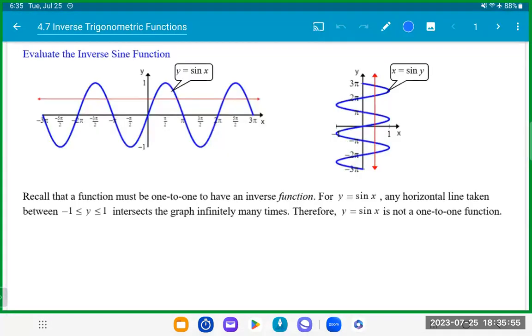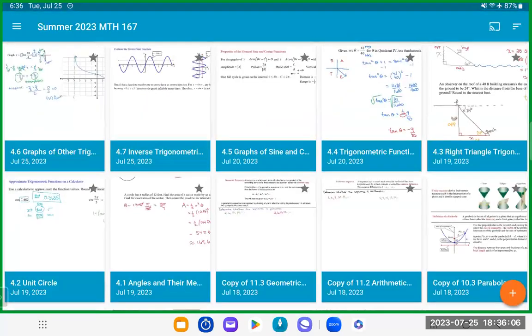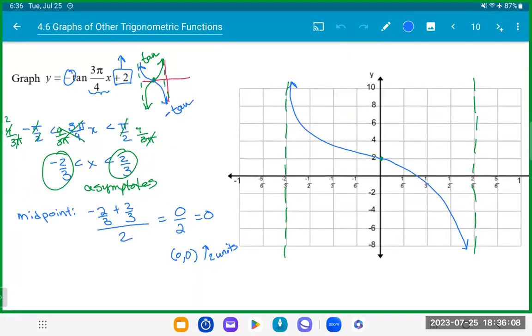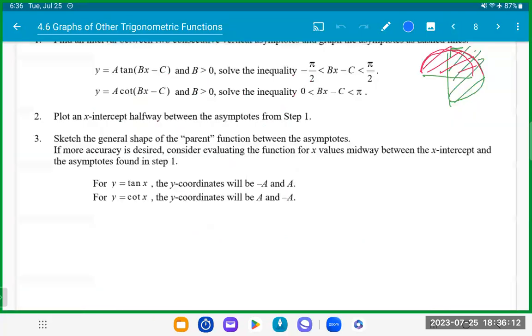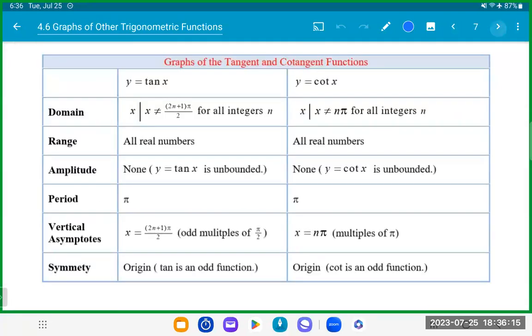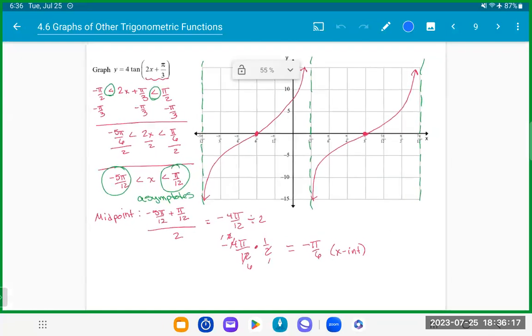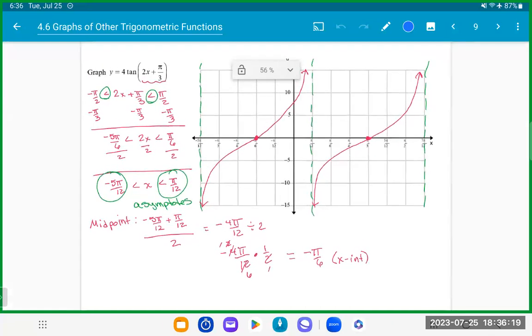Any questions on 4.6? First tangent graph again, yes. Give me a second. Was this the first? Yeah. Is that the one you are asking for, Kennedy?